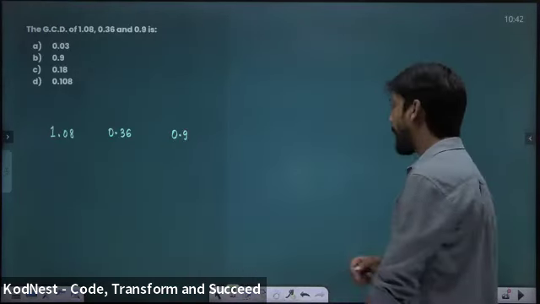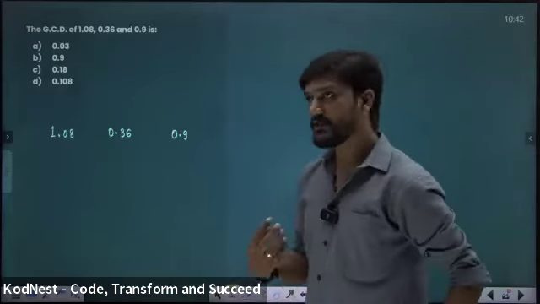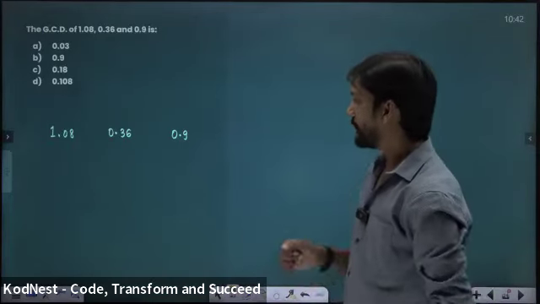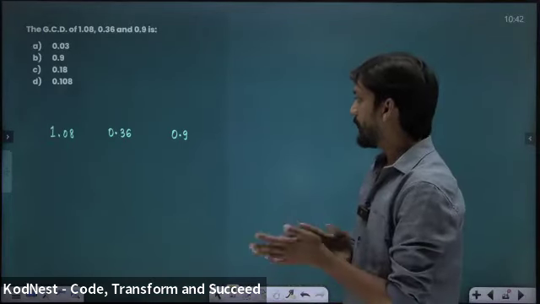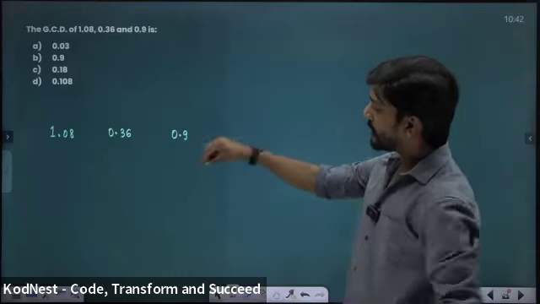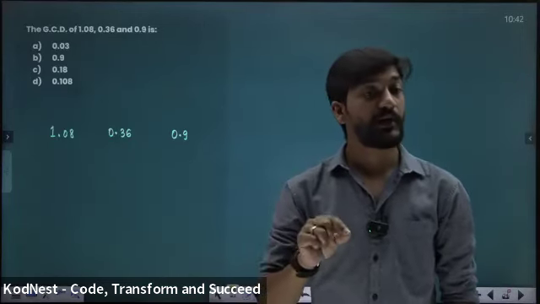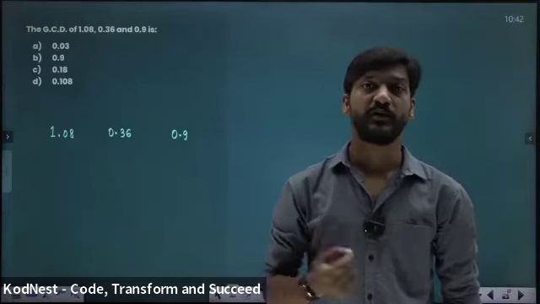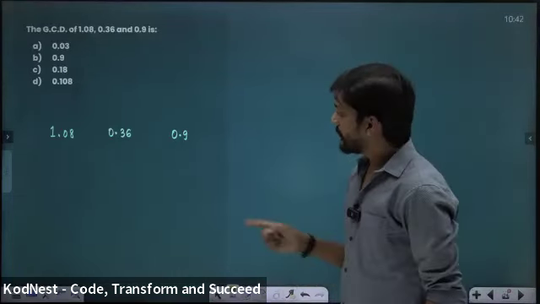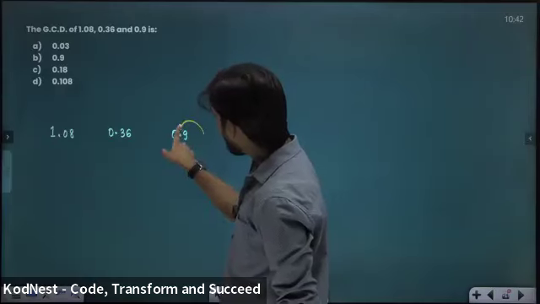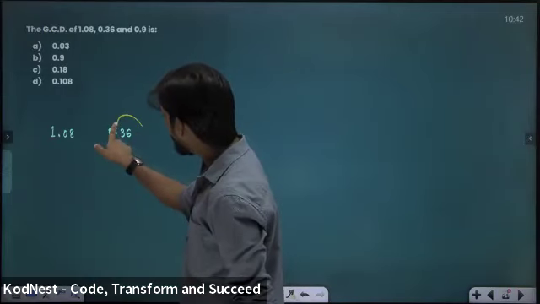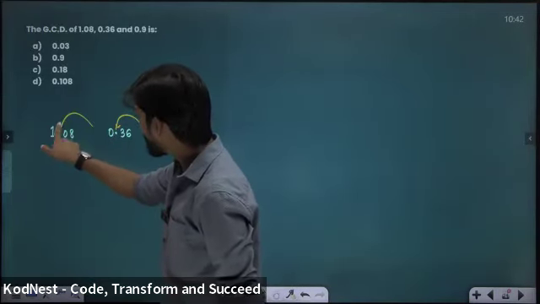After this, there are various ways to explain, but think of it this way. Because these are decimal numbers, you have to think about where the decimal is. The decimal is present after one place. After two places. After two places.